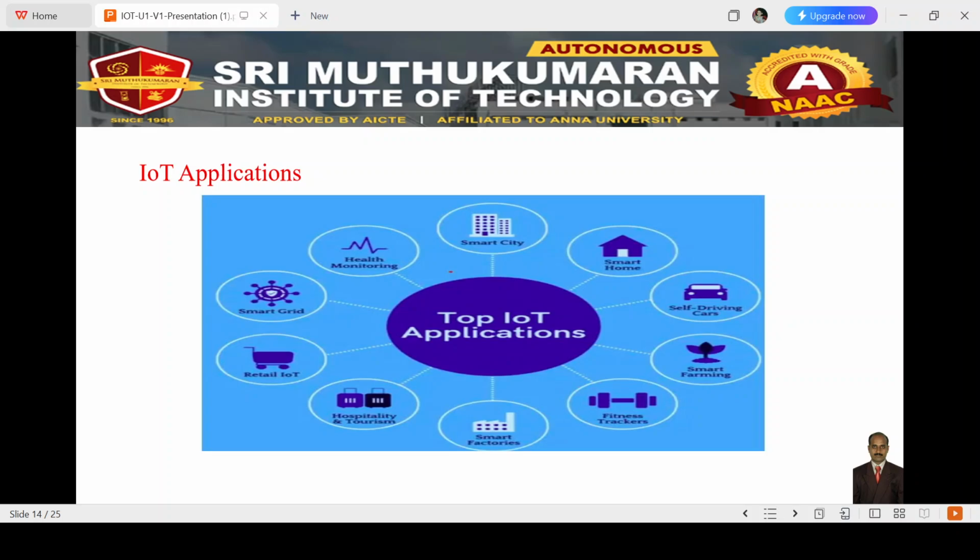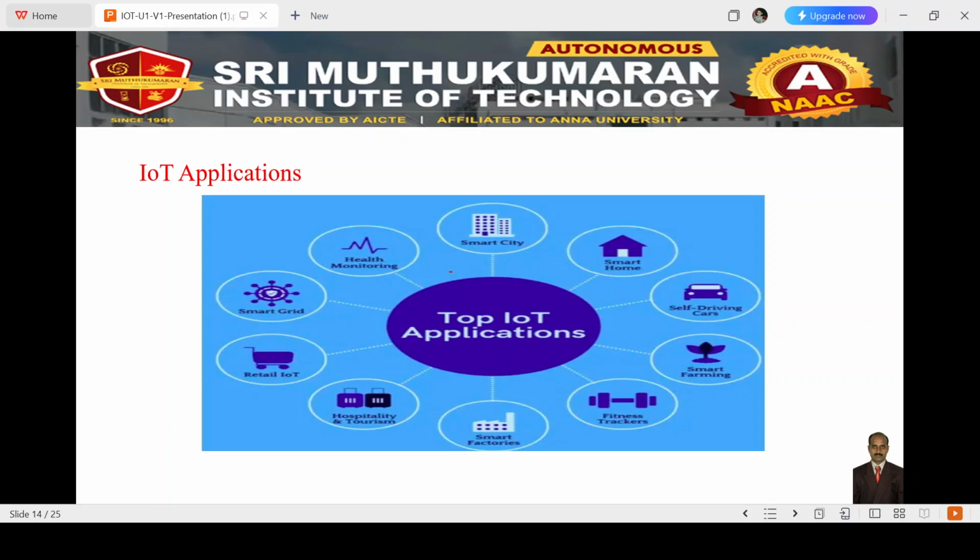And now some of the applications, just listed out IoT applications. Already we have seen this in unit 5: smart city, smart home, self-driving cars, smart farming, and fitness trackers. The smart factories is also industrial IoT. And hospitality and tourism, even in that area it's been widely used.